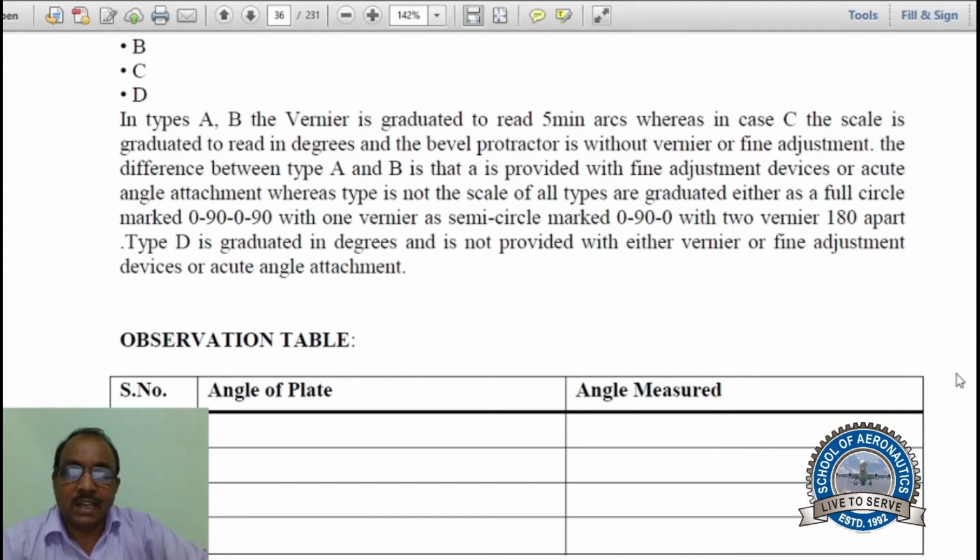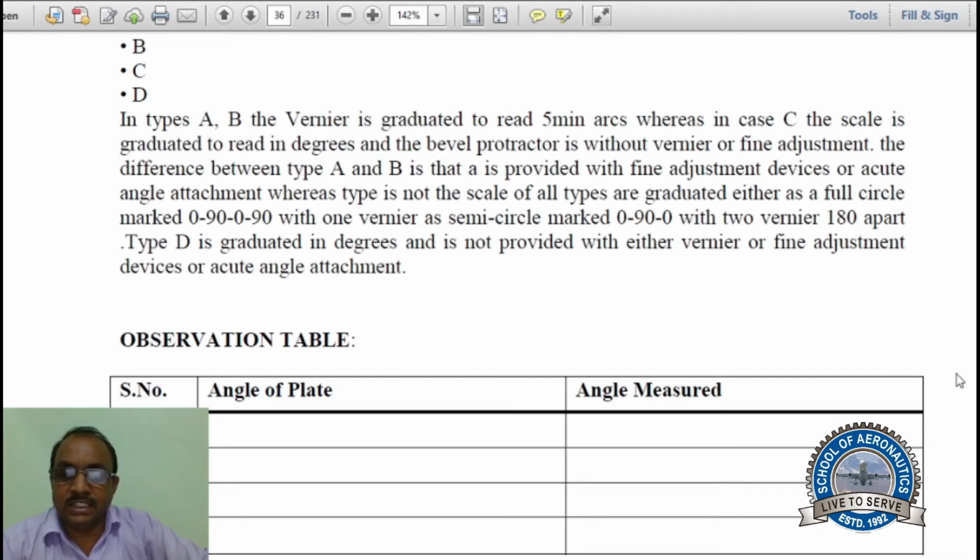whereas B is not. The scales of all types are graduated either as a full circle marked 0 to 90, 0 to 90 with one vernier, or as a semicircle marked 0, 90, 0 with two verniers 180 apart.